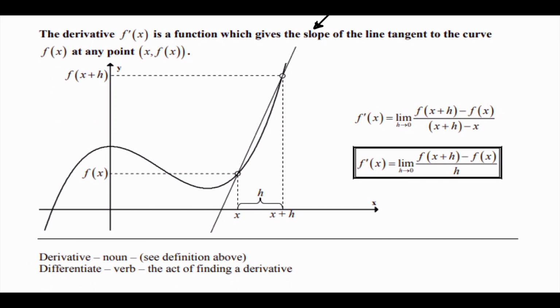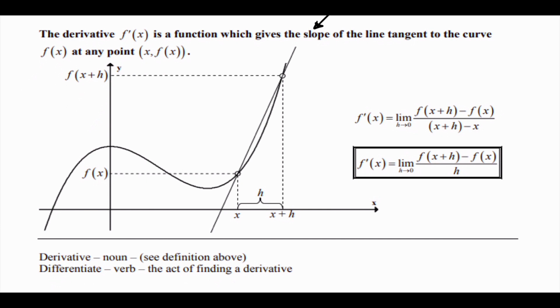So you're going to be hearing derivative for the rest of the year. When you hear a derivative, you want to think slope, slope, slope. That's the first thing. It's a slope. It's a rate of change, right? Of what? A tangent line. Okay. So that's what a derivative is.